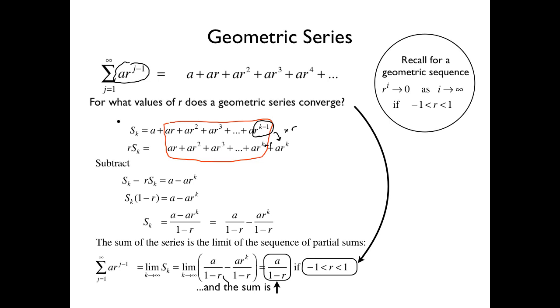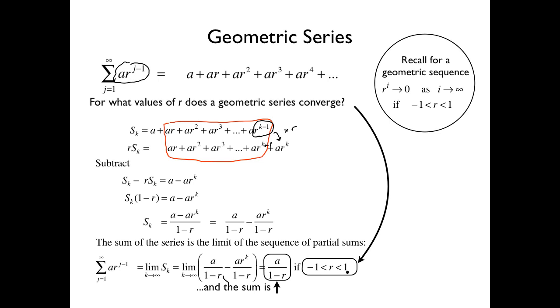If r equals -1 or 1, it will still diverge. Does it have to be in between? Yes, it has to be in between. There's that trivial case where if r equals 1, the sequence converges to 1. But if the sequence converges to 1, we still know the series doesn't converge because it's not converging to 0.